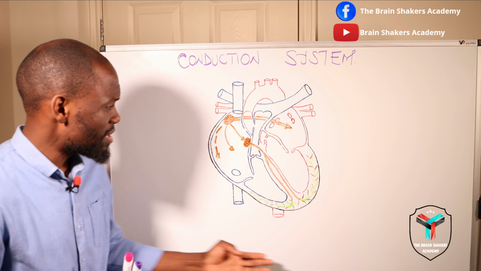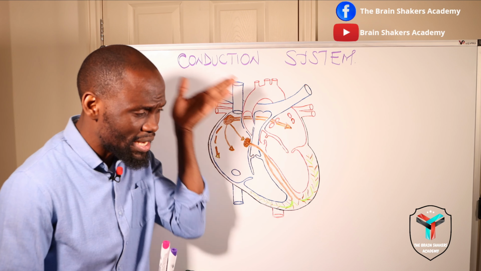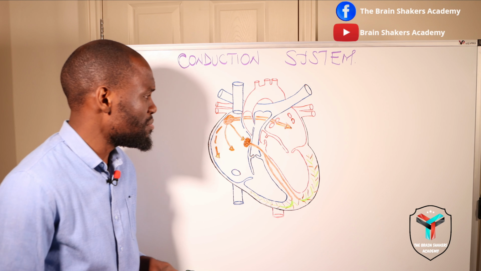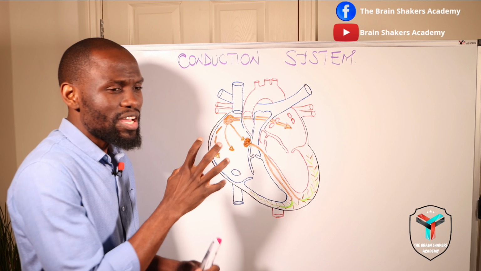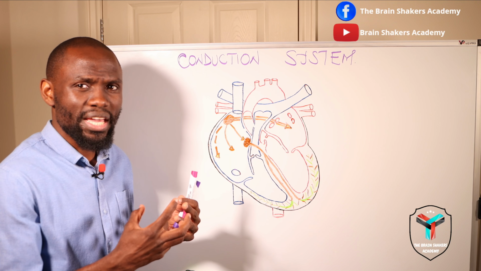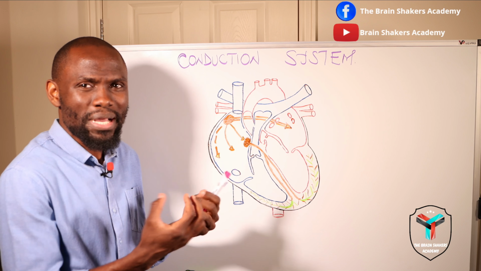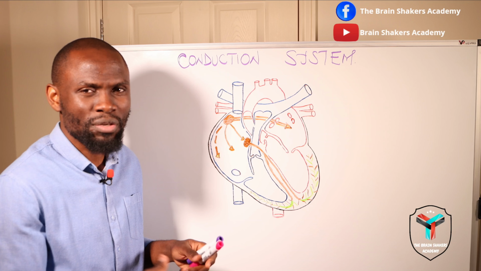Okay, so I have a diagram here with me that is going to help us understand the conduction system of the heart. Now, the heart itself has structures within it that have the capacity to generate an action potential.